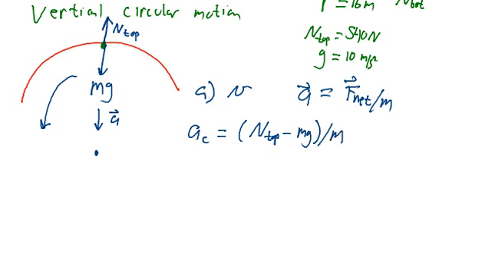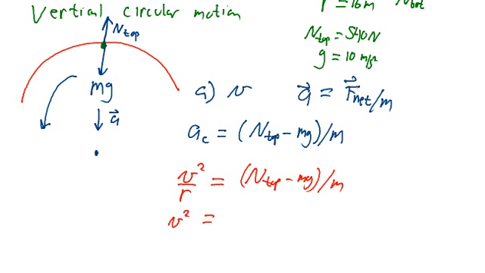And since in the first part we want to find the value of the speed of the person, actually the speed of the Ferris wheel, a point on the edge of it, I want to use the formula for the centripetal acceleration, that is v squared over r, because that is useful to find the velocity, and we know all the other numbers. So I'll go ahead and substitute that in. I get (N at the top minus mg) divided by m, and I just have to do a little bit of algebra to isolate the v by itself.